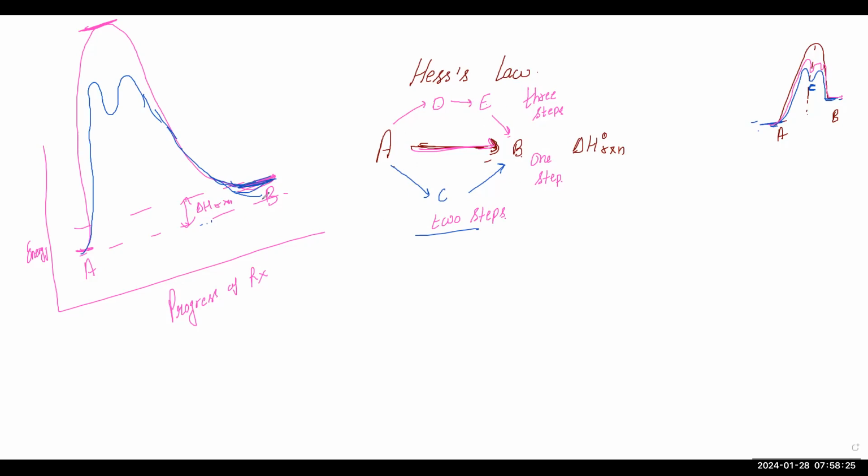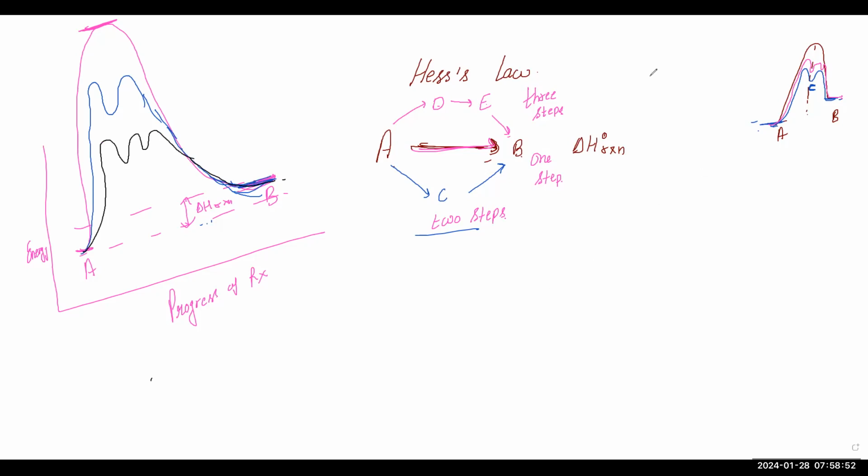Now let's see these 3 steps. 3 steps means 3 transition states. But delta H of the reaction is still the same. This indicates that delta H is a state function independent of path. There will be no change in delta H of the reaction.